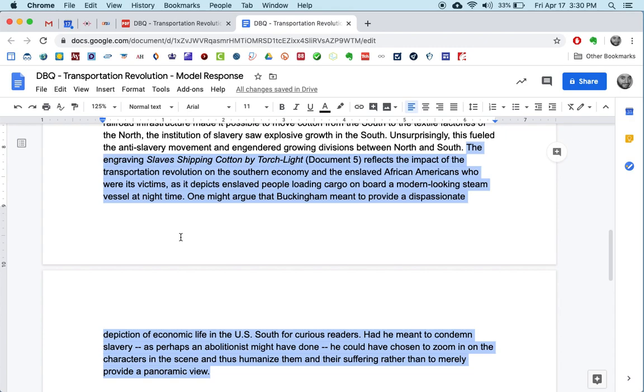That's where I explain why I'm using this document in this paragraph, because it goes along with my point that the transportation revolution caused disunity due to the growth of slavery. It depicts enslaved people loading cargo on board a modern-looking steam vessel at nighttime. That part there is where I describe the engraving.